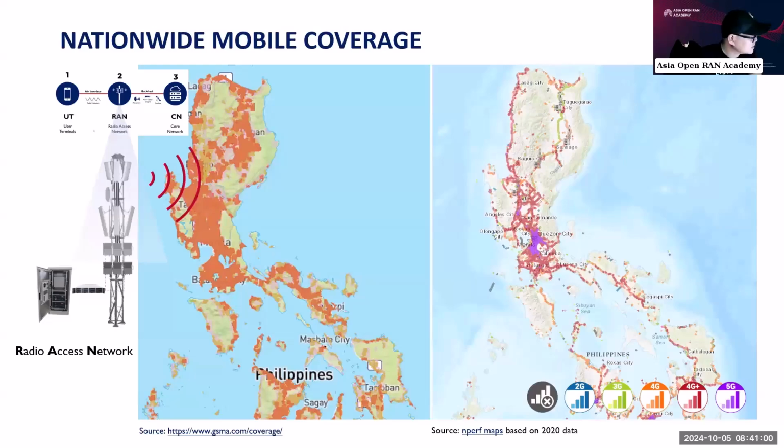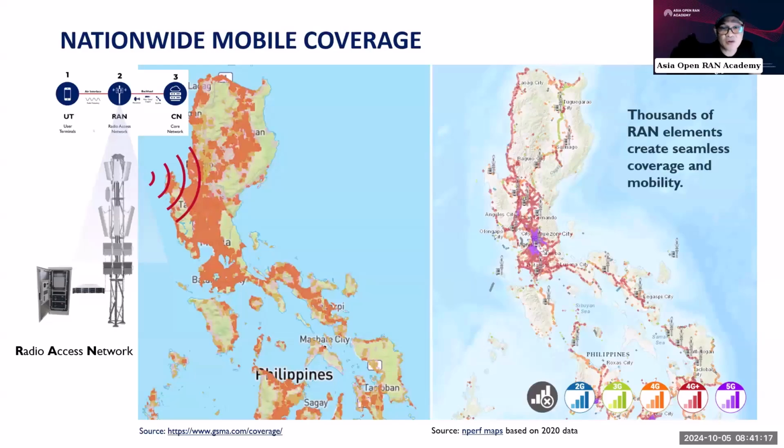I don't know if you can see that I'm populating it with different types of cell sites here. Ayan. So we are building numerous, thousands of RAN elements, no, to create a seamless coverage and mobility.